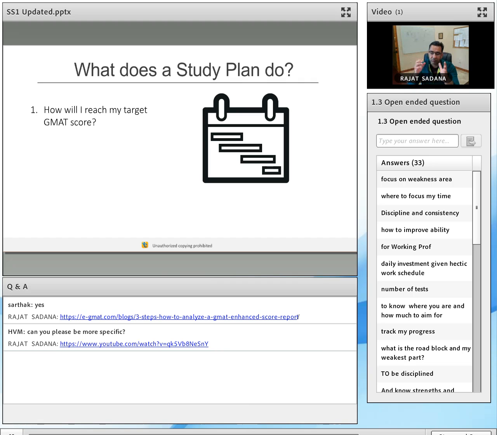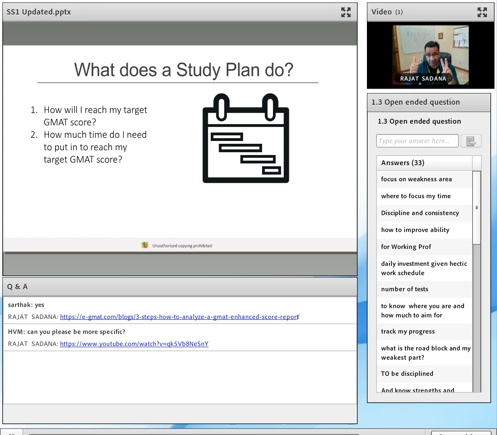Now, if I were to parallel this to a war scenario, your study plan is your war strategy, and what it tells you is what chasms, what difficulties you need to overcome to get there. Now, this is the answer. The first point is just what. The second point is how much time, or what kind of force, if you draw a parallel to the war strategy, you need to get to those milestones.